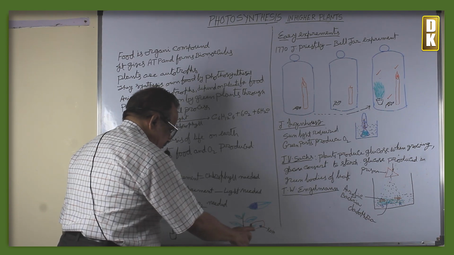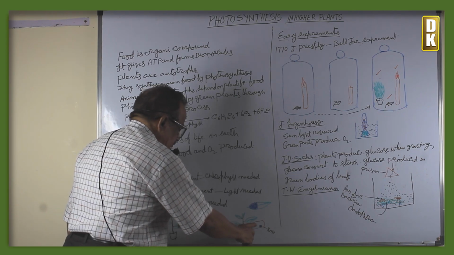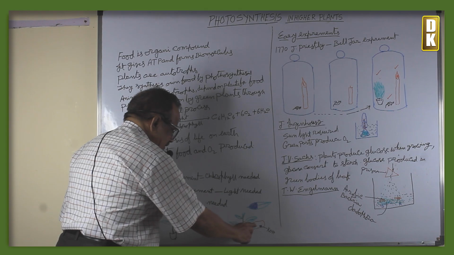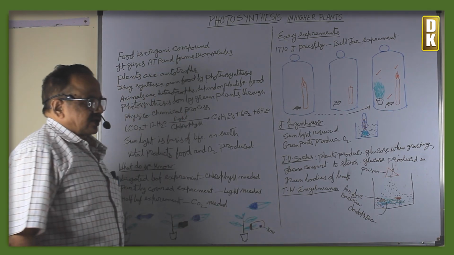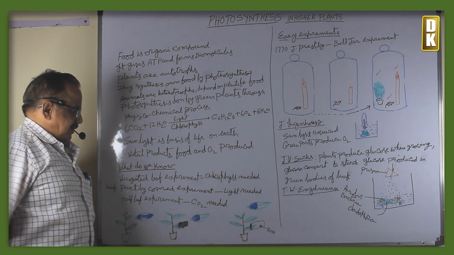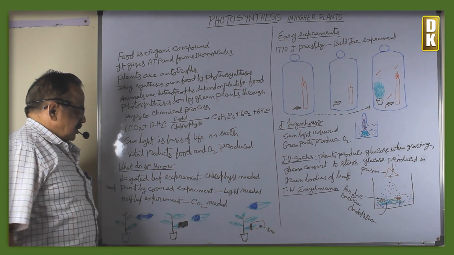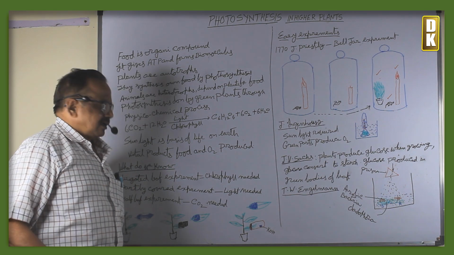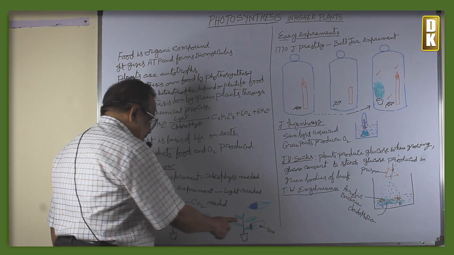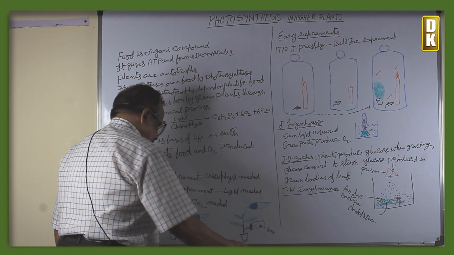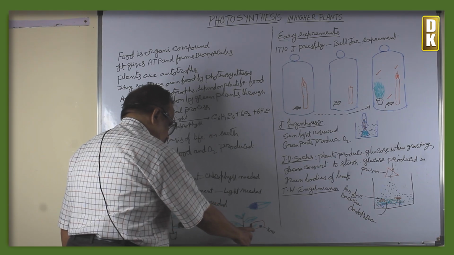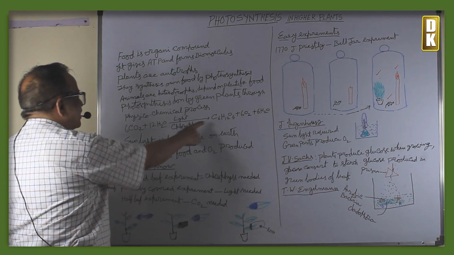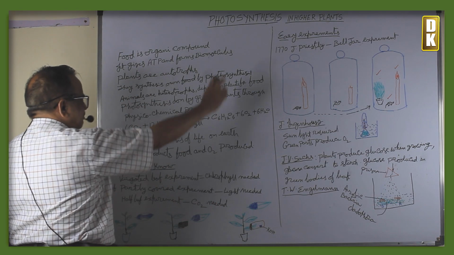Whatever air is there, the carbon dioxide in that air is absorbed by the potassium hydroxide. So the air present in the test tube does not have carbon dioxide. Here carbon dioxide is removed. Without carbon dioxide it is not possible to prepare the food.